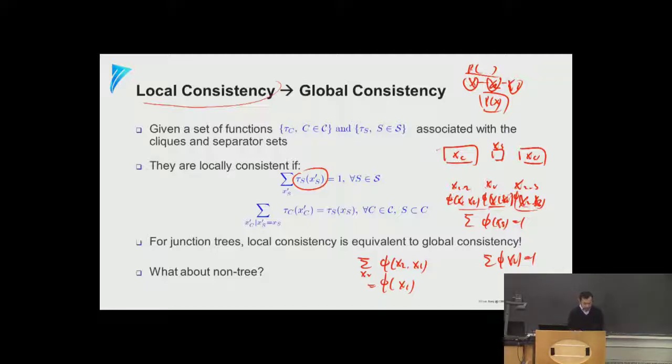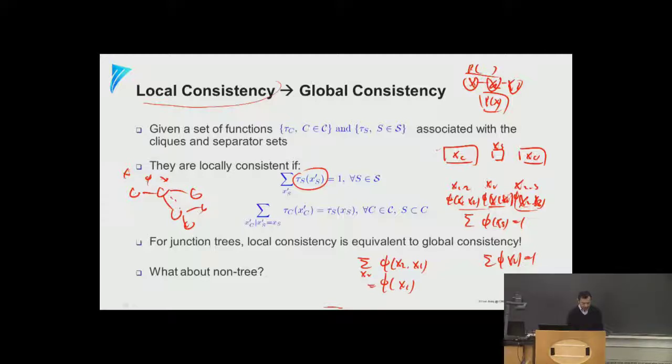And if you have a tree, you can use the local consistency to establish global consistency. Basically, if you have a correct marginal in here and a correct marginal in here, then you can further prove that the correct marginal can be established on every node in the tree, because there's only one path that you can pass the message.